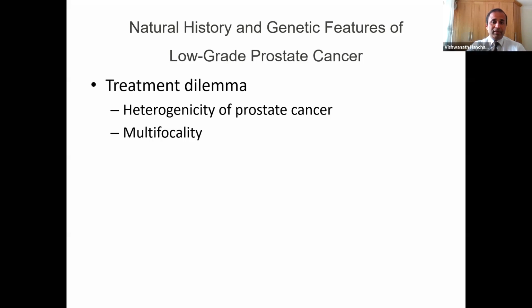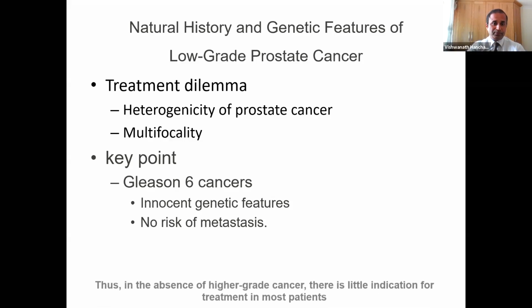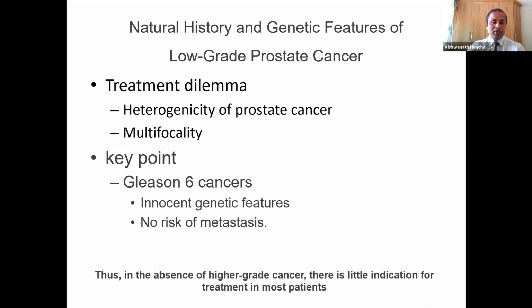So these are the things which will guide us to choose different treatment options for different types of cancers. Gleason 6 cancer has innocent genetic features and no risk of metastasis at all. So in the absence of high-grade cancer, there is currently very little indication for treatment in most of these patients.